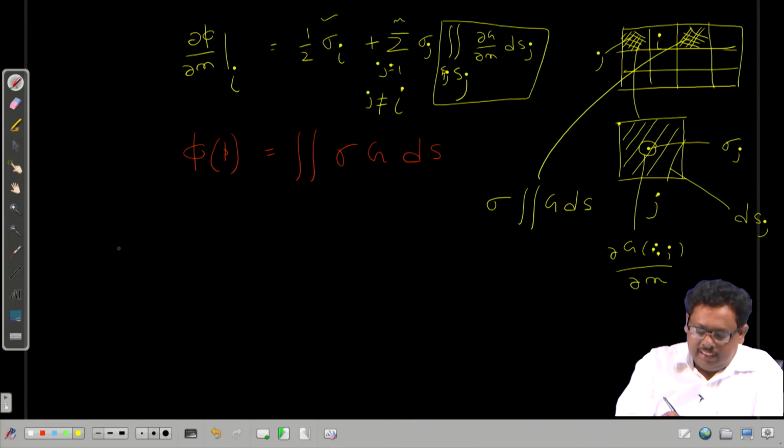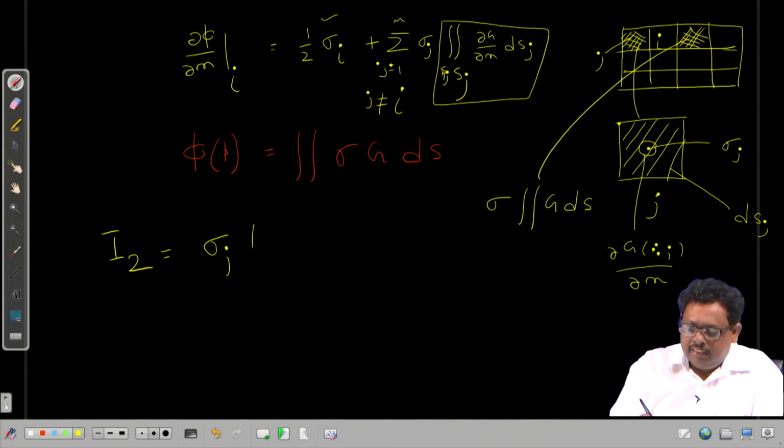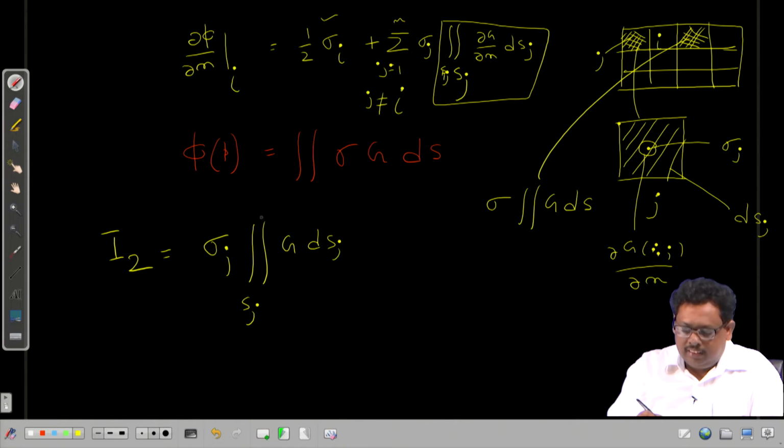So, essentially this integral I can call I2, which is nothing but sigma j into integration over this s j into g into ds j, and then you have to repeat this for all j.